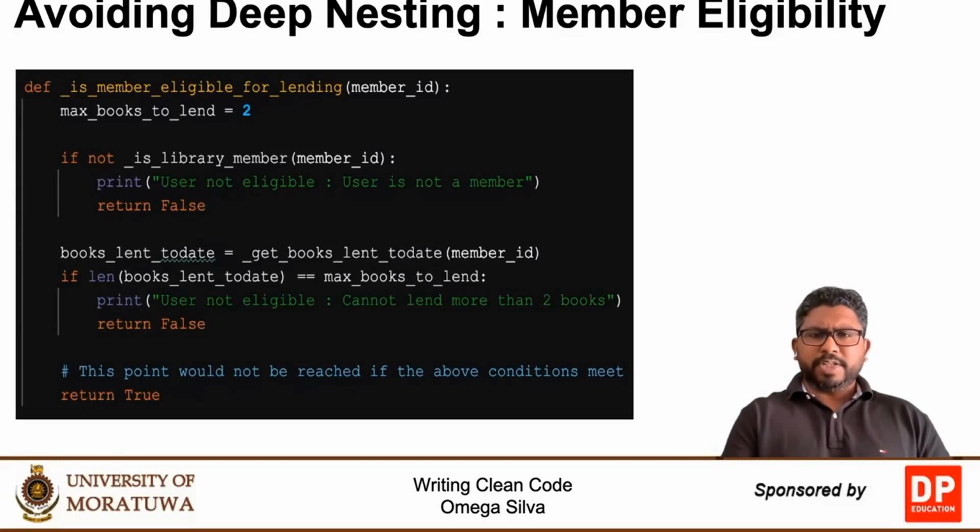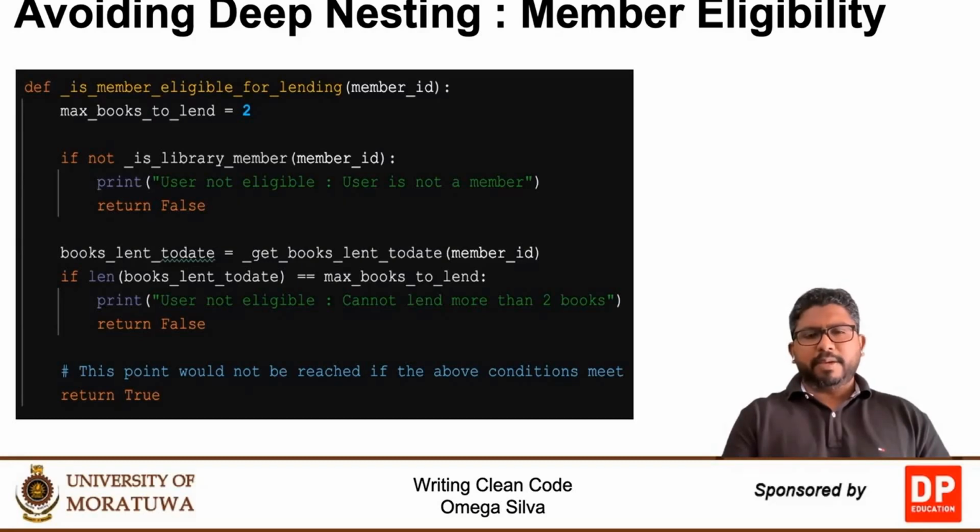It checks one condition. If it is not true, it exits. And then it checks the other condition. If it is not true, it exits. And finally, if it comes to that point, it means both the conditions were true. Hence, the function decides the member is eligible.